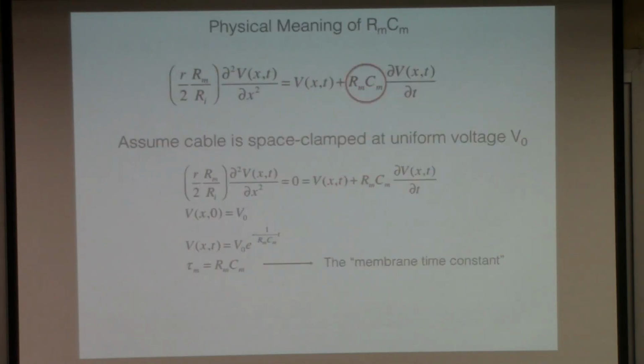So here's the cable equation again, all right? And we're going to do the following thought experiment. Imagine taking a long cable and somehow imposing uniform voltage everywhere along that cable. We can space clamp that cable. At every position X, voltage is the same.